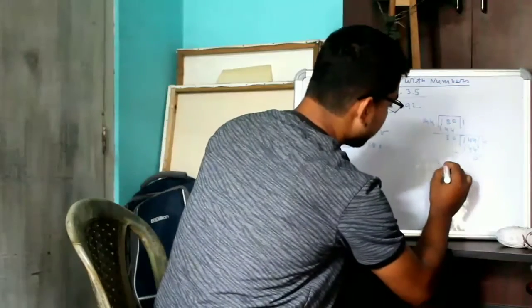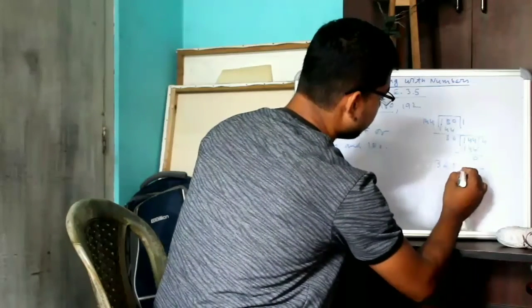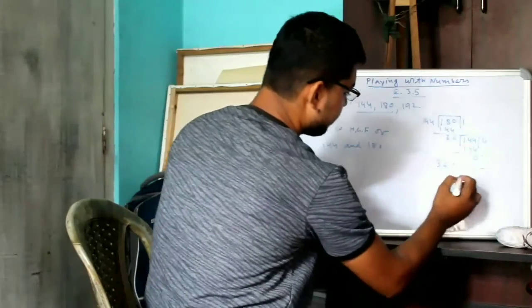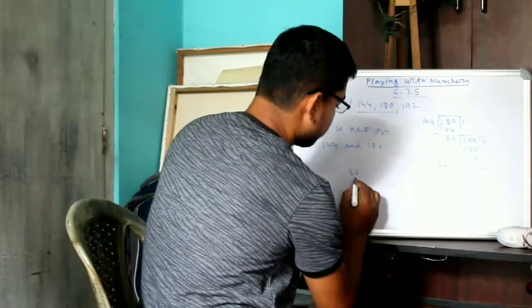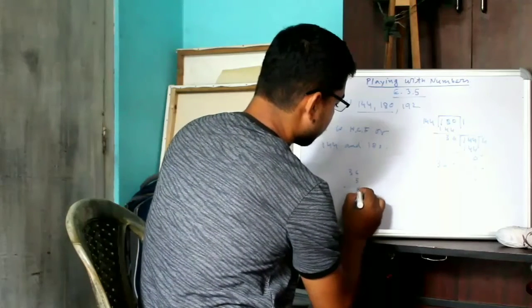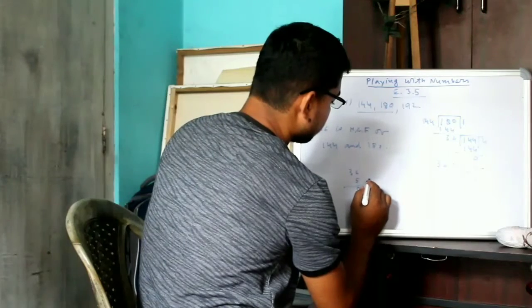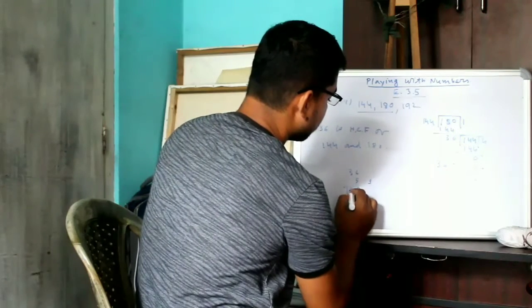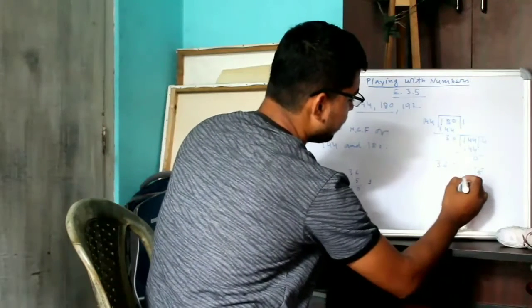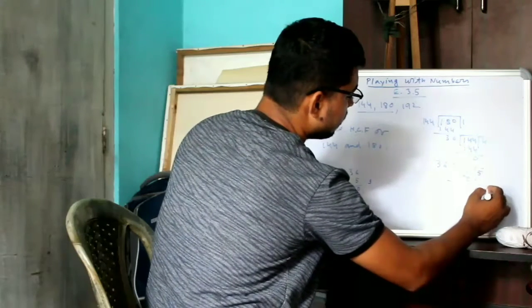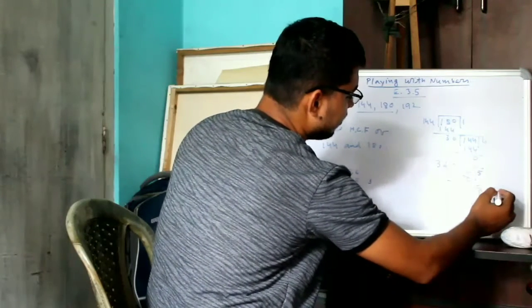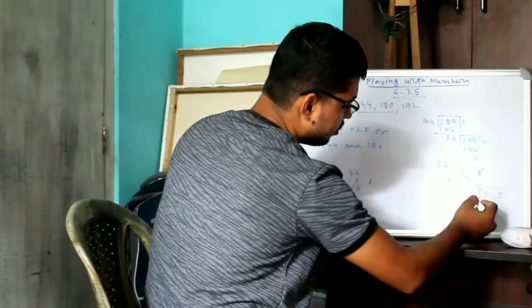Now 36 and 192. How many times? Let me check. 36 into 5, 5 times 36 is 180, 12 comes. Then 36 divided by 12, 3 times 12 is 36, 0.